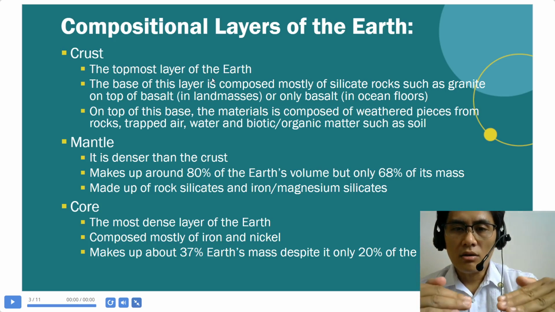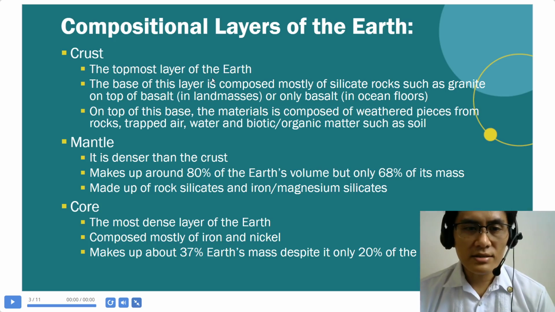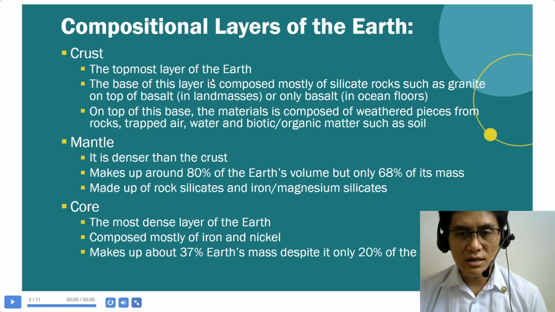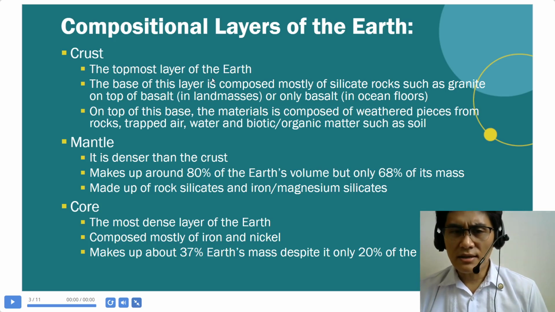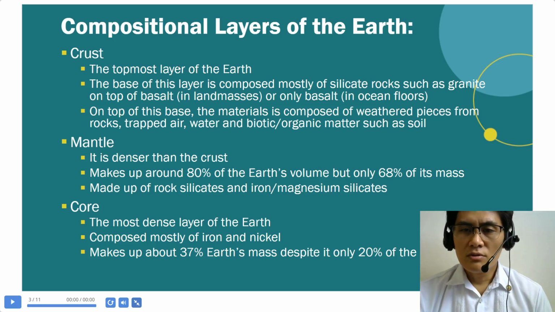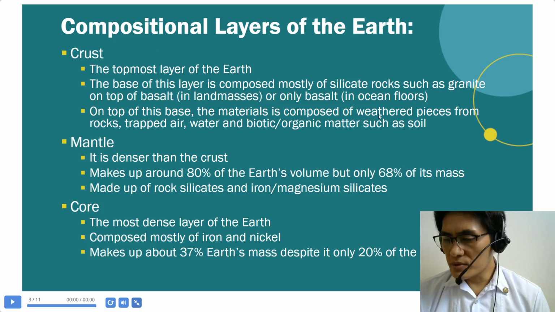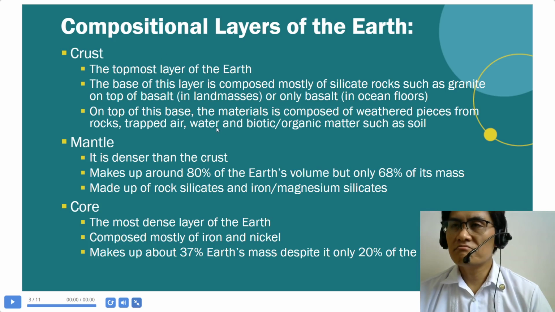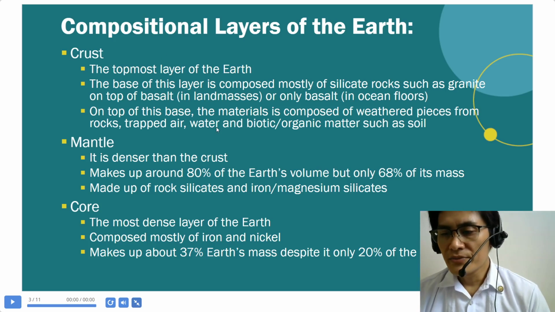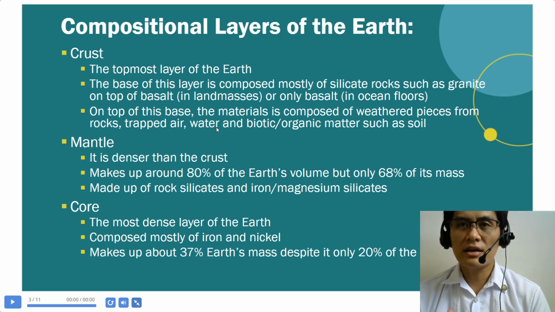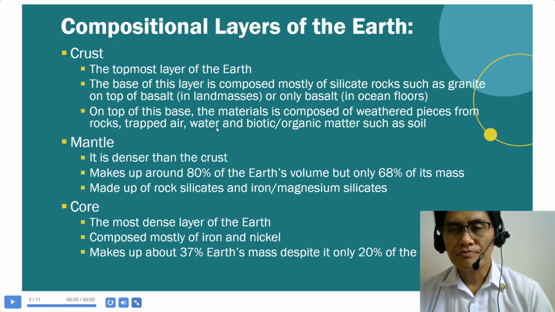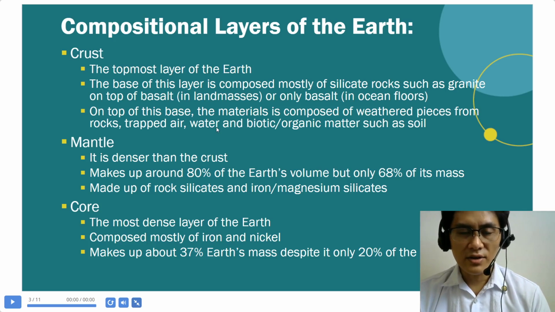Okay? But on top of that is what we usually see, which is the soil. So, soil is basically a mixture of weathered pieces of rock, trapped air, water, biotic organic matter, such as probably animal dung, probably decayed leaves, bodies of insects that have died.